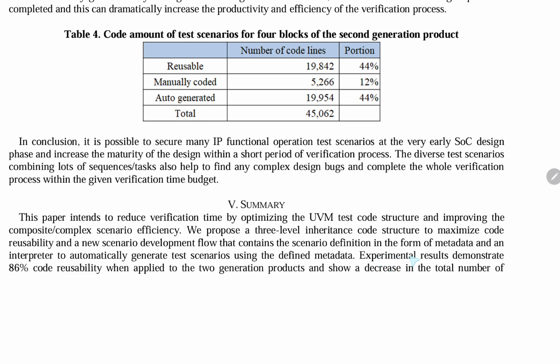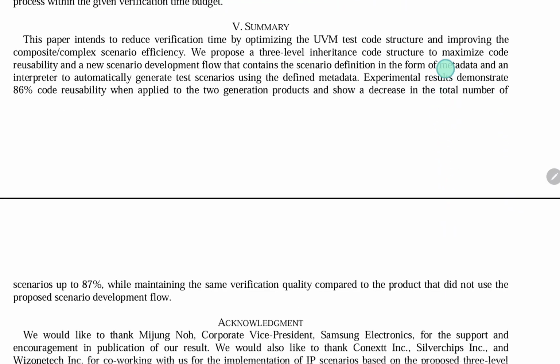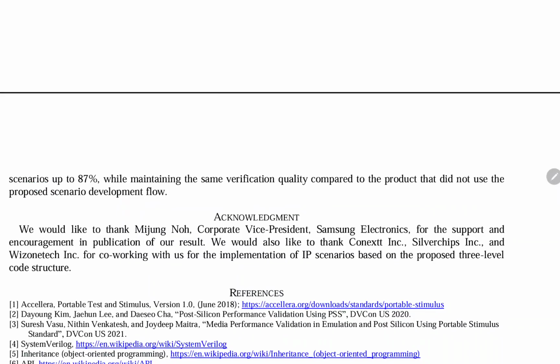The experimental result demonstrates 86% code reusability when applied to the second generation product, and shows a decrease in the total number of scenarios of up to 87% while maintaining the same verification quality compared to the product that did not use the proposed scenario development flow.